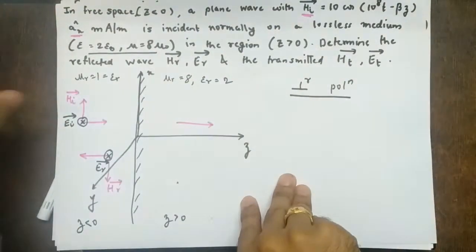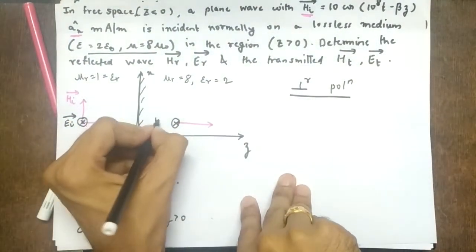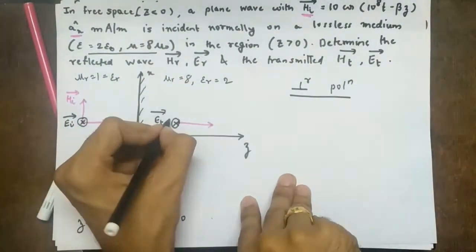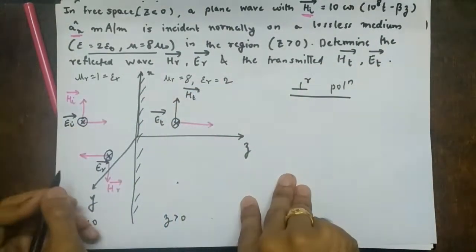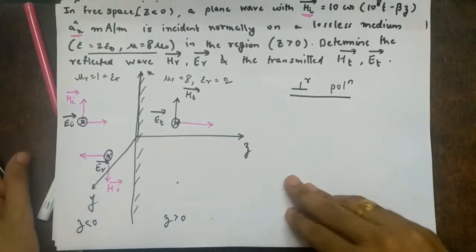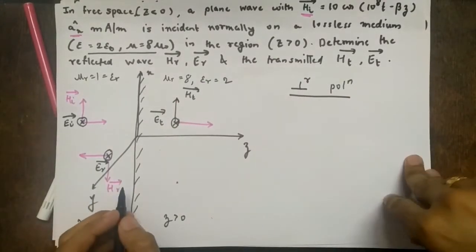So my Et vector will again be like this, right? So these both are in the same direction. So obviously the Ht vector will be like this, right? So I hope you got this diagram. So just rewind and see if you have not understood. It is quite simple if you think conceptually.